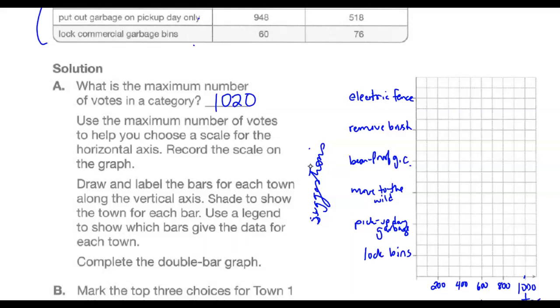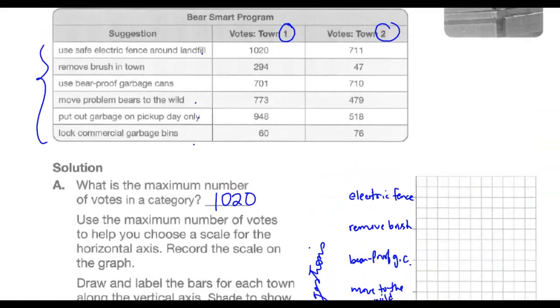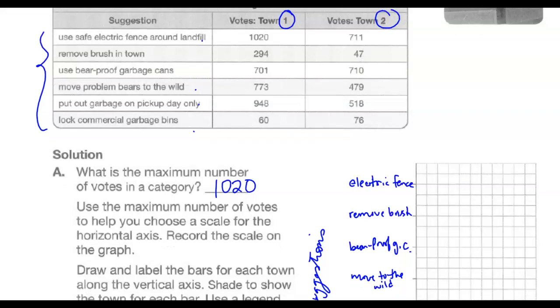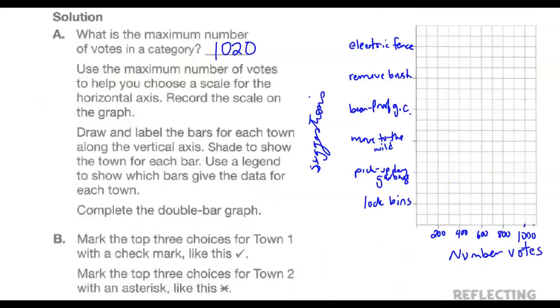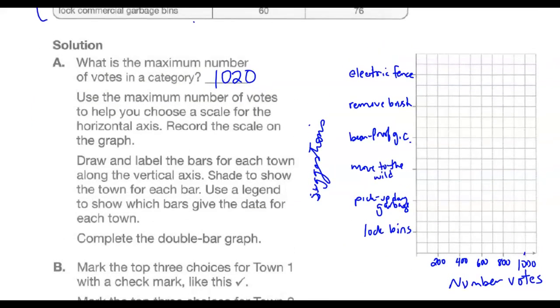All right, so let's look at electric fence. So I'll put it always on the top one, 1020. So remember, each grid here is going to be 100. So 1020 is going to be just a little bit more than that.